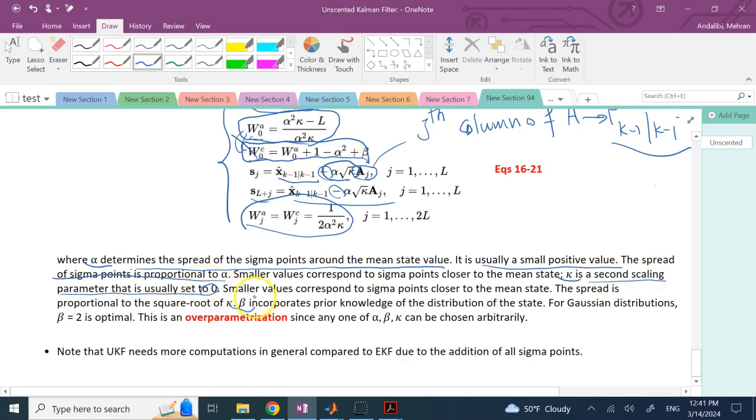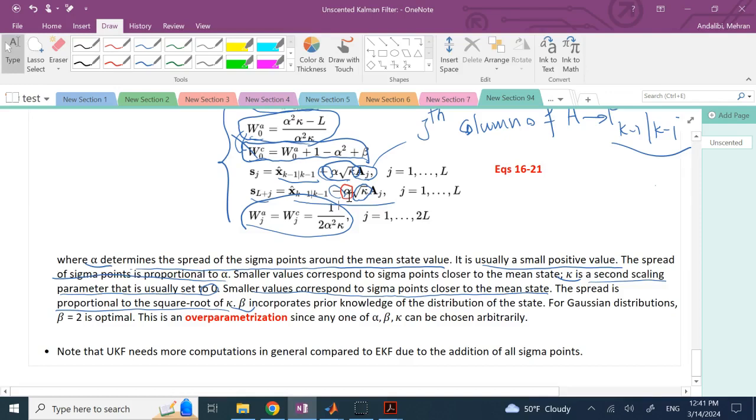Here again, smaller values correspond to sigma points closer to the mean. And the spread here is proportional to square root of kappa, and you can see that here. Look, here we have square root kappa, but for alpha, we directly have alpha to the power 1. So instead of both of them, actually the algorithm could have used one of them.